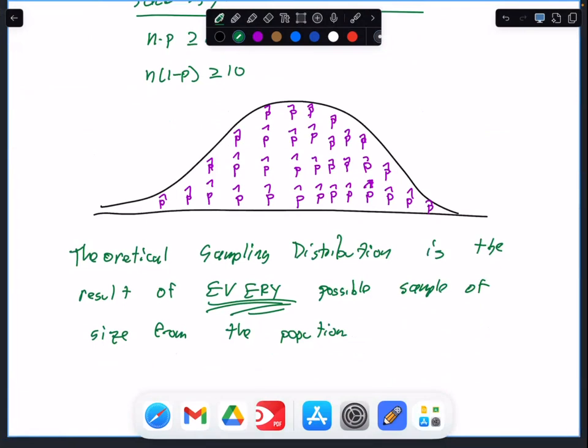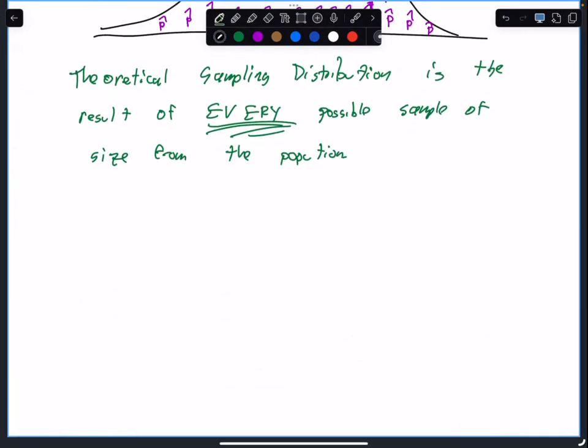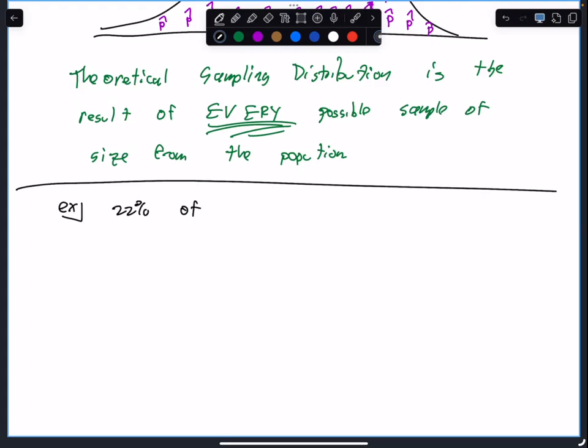All right, so let's do an example. 22% of high school students skip at least 1 class a week.